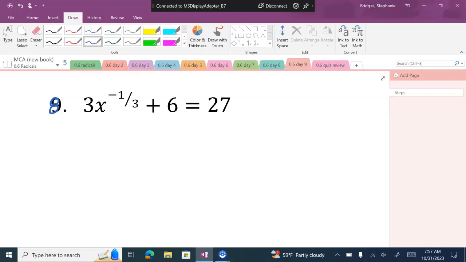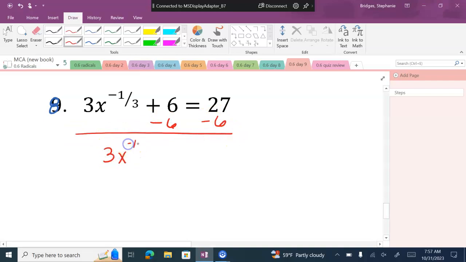To be able to get that x to the negative 1/3 power by itself, what should I do first? Yep, we're going to subtract the 6 over. So I'm going to get 21.